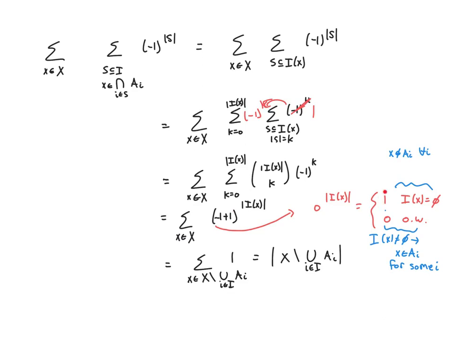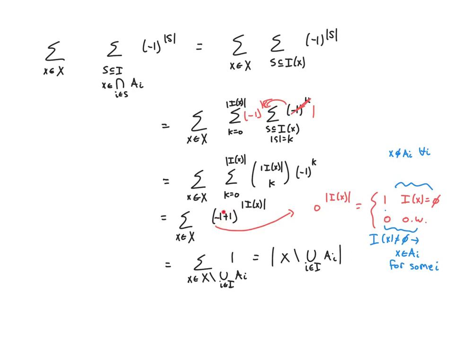When are you in this count? Well, when I(x) is empty. What was the definition of I(x)? It's the clubs that x belongs to. So this is saying x belongs to no clubs, which means that x is not an element of A_i for all i, which means x belongs to this set difference. On the other hand, when are you out?